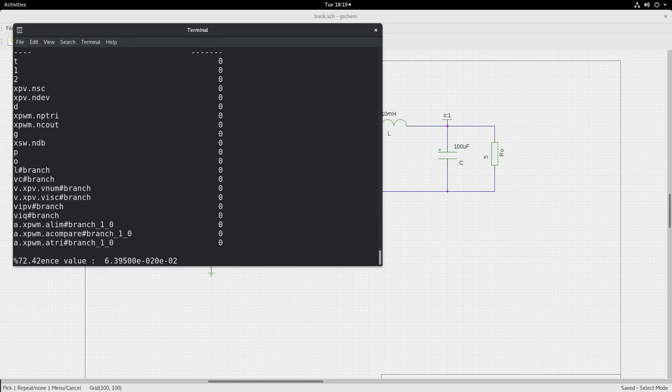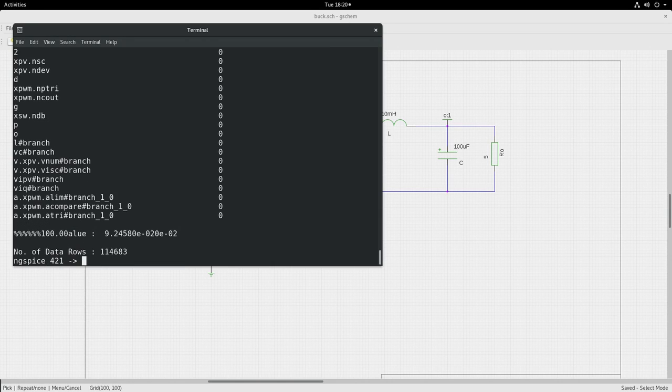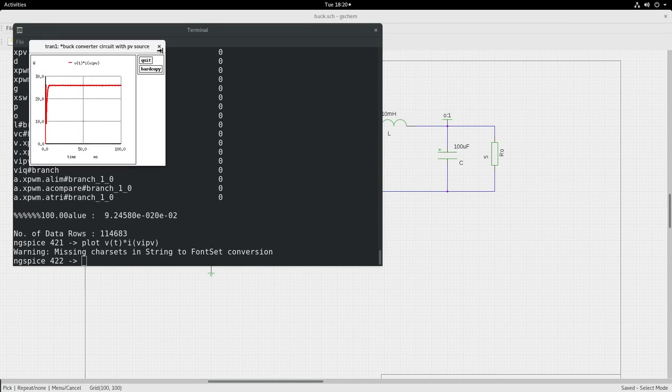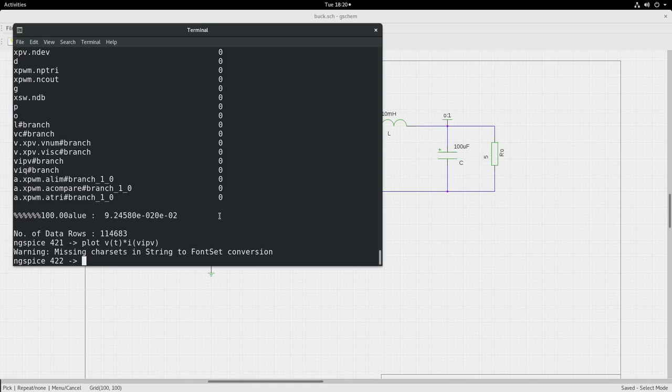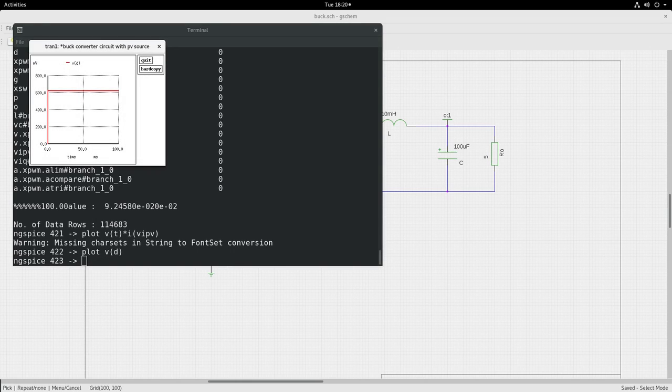So the simulation goes through, and we would like to observe the input power, the power out of the PV panel. So let us check that out. You see that it is now hovering at around 26 watts, which is the peak power point. You can cross check, plot the control voltage. It is at 0.62.